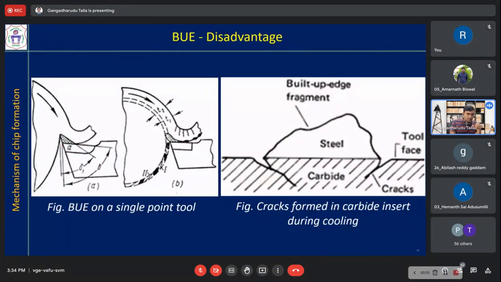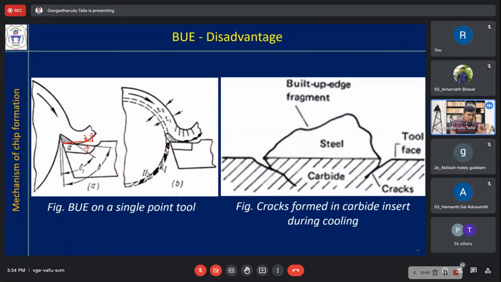You could see here. Let us consider the rake angle instead of the lip angle. If I draw a horizontal line here, this is the rake angle gamma for the cutting tool.